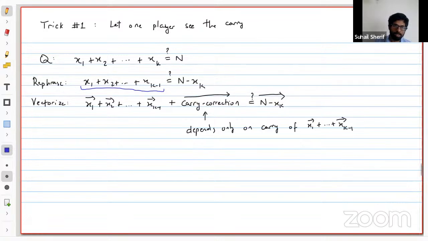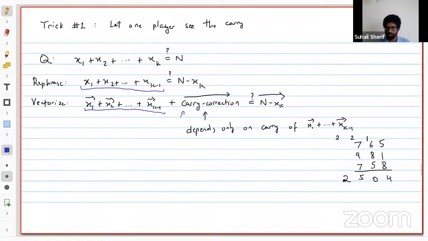When you change these integers to vectors, you can add them up as vectors, but because of carries, there might be a problem. So we also want to add in a carry correction to make sure that the carries don't cause a problem. This carry correction only depends on the numbers that we're adding, so it only depends on the numbers from x1 to xk minus 1.